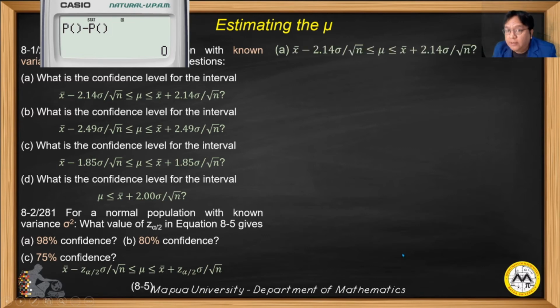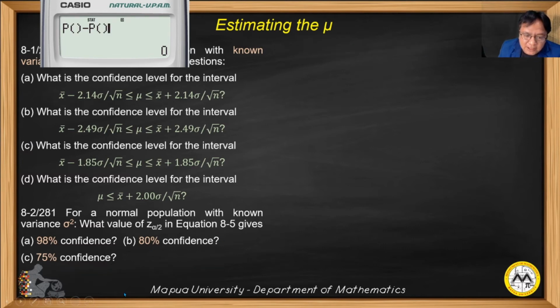When x bar minus 2.14 sigma over square root of n up to x bar plus 2.14 sigma over square root of n, the two values of z would be, for the upper, 2.14, and for the lower limit, negative 2.14.